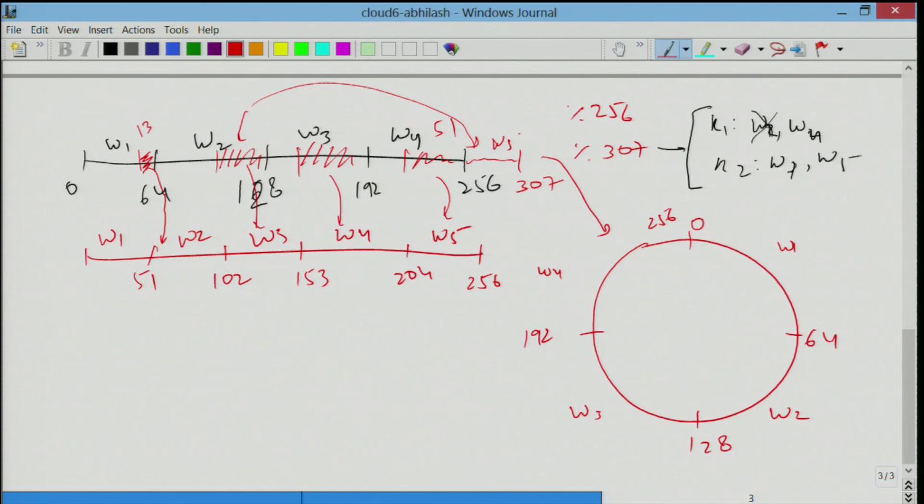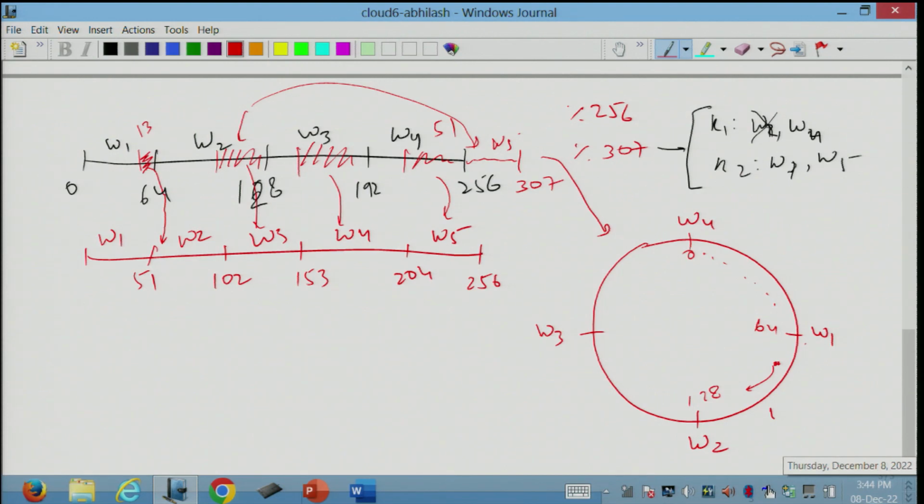Right? So another way to draw this is I will write W4 here, W1 here, W2 and W3. So what it means is all the keys that are here are handled by W1, right? So basically 0 to 64 are handled by W1. 64 to 128 is handled by W2. So whenever you are at a location, whoever is the next worker holds the key.